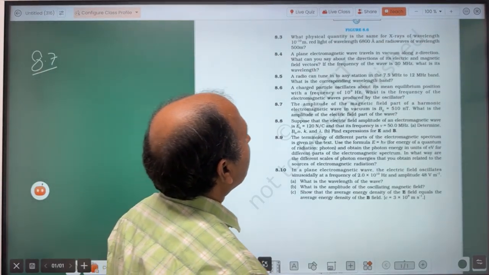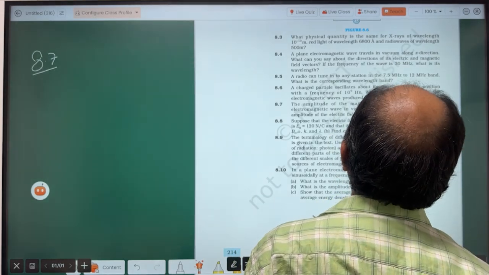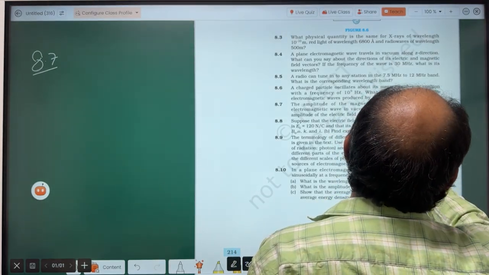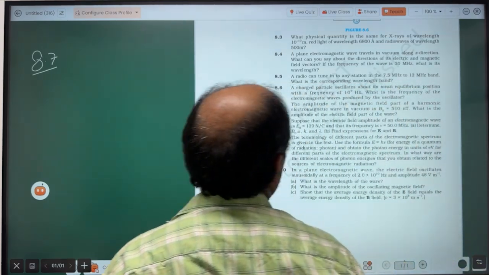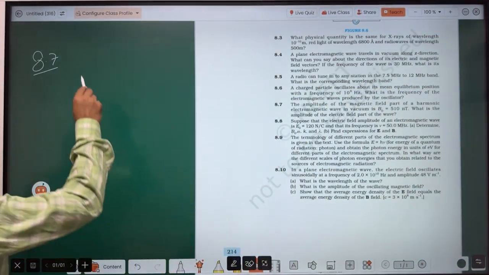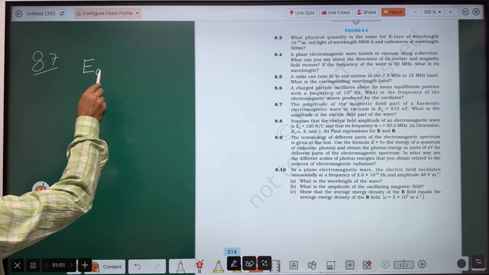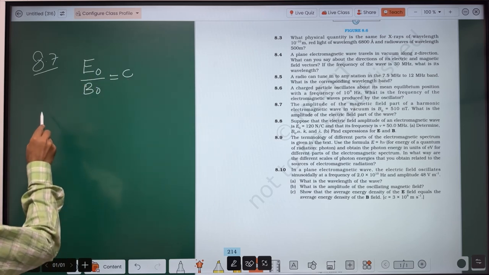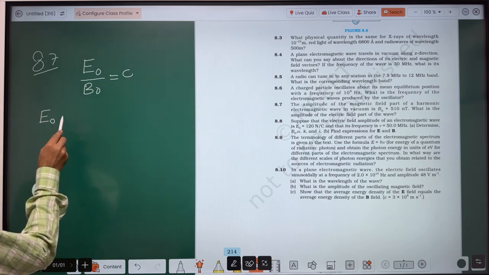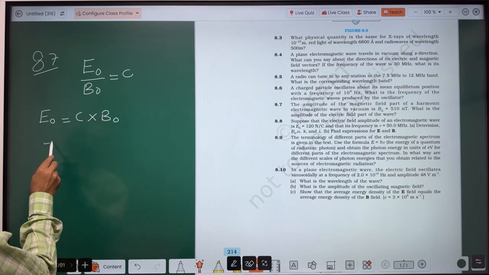What does it say? The amplitude of the magnetic field part of a harmonic electromagnetic wave in vacuum is B0 equal to 510 nanotesla. What is the amplitude of the electric field part? So I think you remember the relation E0 upon B0 gives C. So E0 will be equal to C times B0.